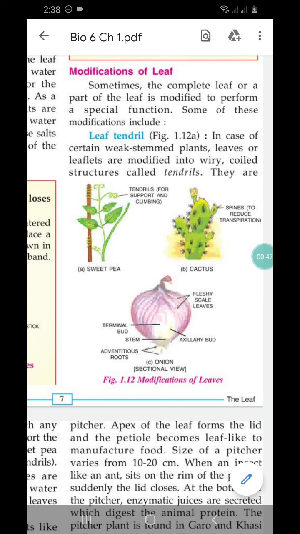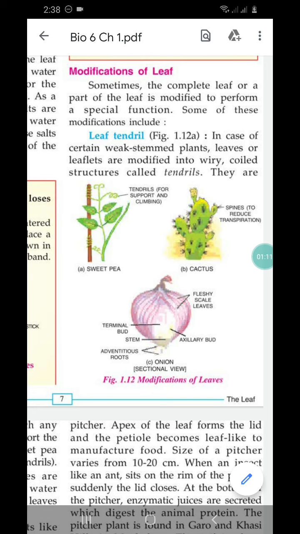In the previous session, we discussed up to significance of leaf, functions of leaves and significance of leaf functions. So today we are going to discuss modifications of leaf. Modifications means changes.